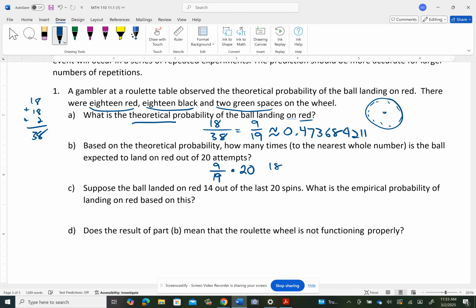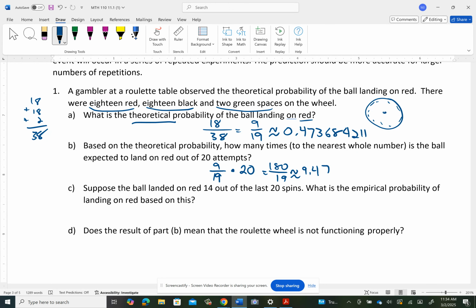That would be 180 over 19, and 180 divided by 19, why does that say 9? It shouldn't. Something's wrong. That would turn out to be about 9.47.